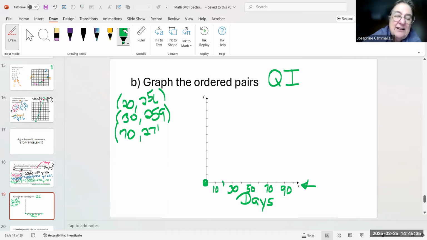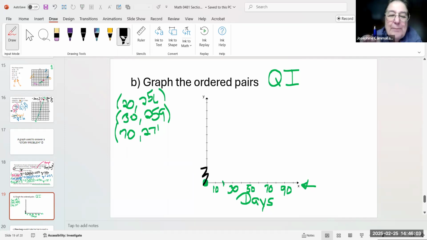I'm going to take and realize that I have a whole bunch of space. Because see, if I wrote 10 here, my 256 would be way off the graph. So what I'm going to do is I'm going to put what we call a zigzag.